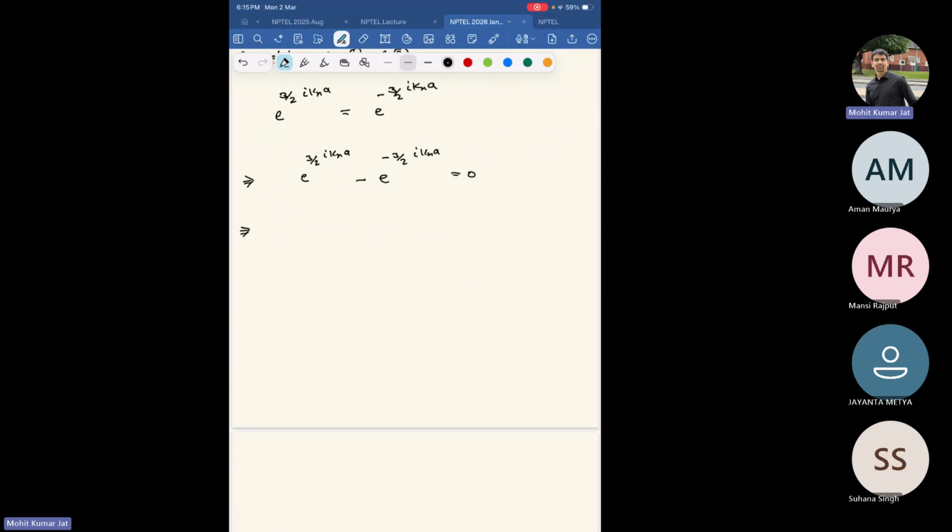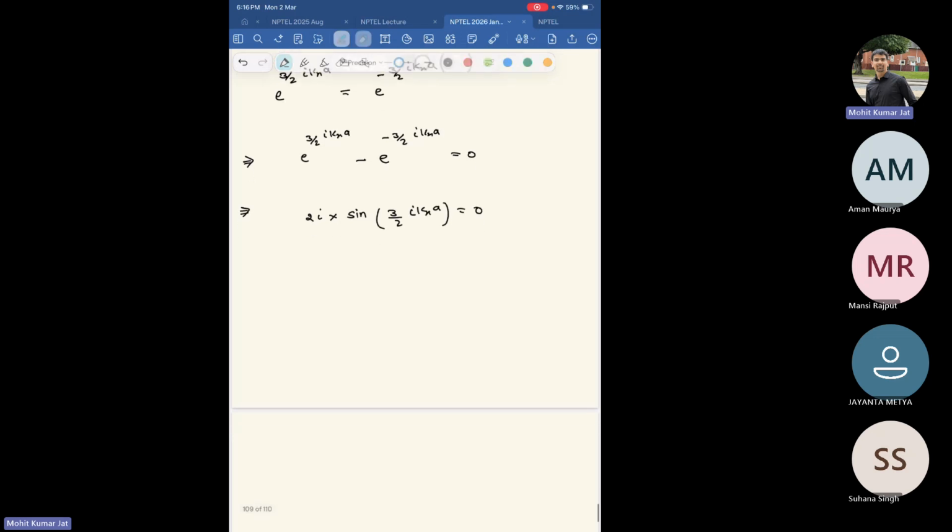So e to the power iota x minus e to the power minus iota x will be nothing but 2 iota times sine of 3 by 2 kxa is equal to 0. This iota will not be there, so sine of 3 by 2 kxa is equal to 0.